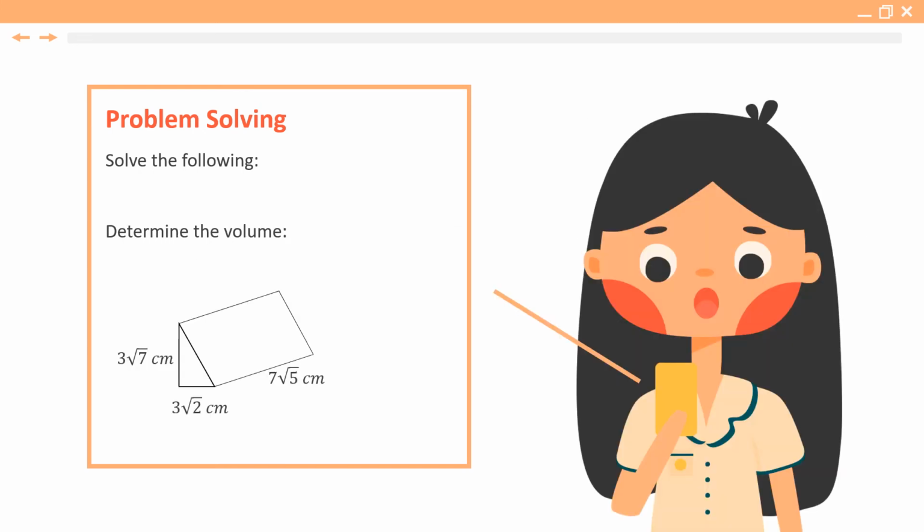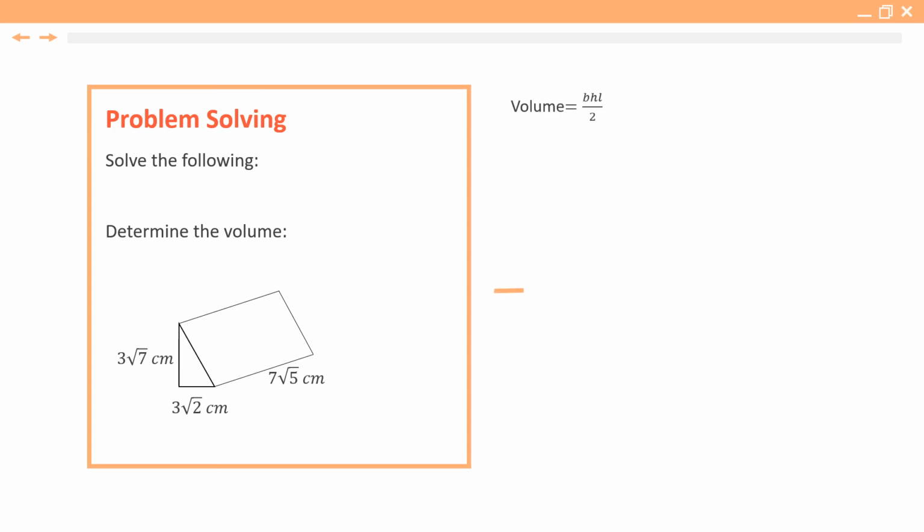For our next problem, we have to determine the volume of the given image. This is a triangular prism. The formula for the volume of a triangular prism is B times H times L. So we have here 3 square root of 2 as the base, 3 square root of 7 as the height, and 7 square root of 5 as the length.